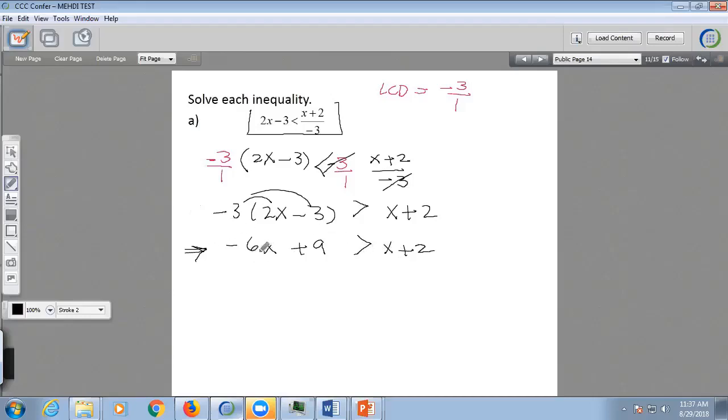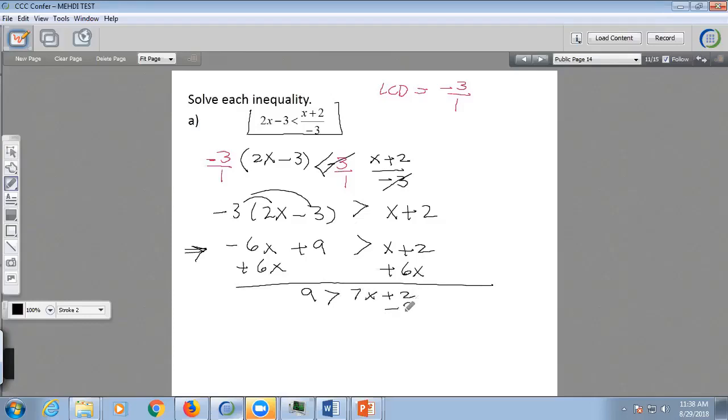So I can move negative 6x, I add 6x to both sides of the inequality. So let's do that. You get 9 greater or equal to, in this case, 7x plus 2.